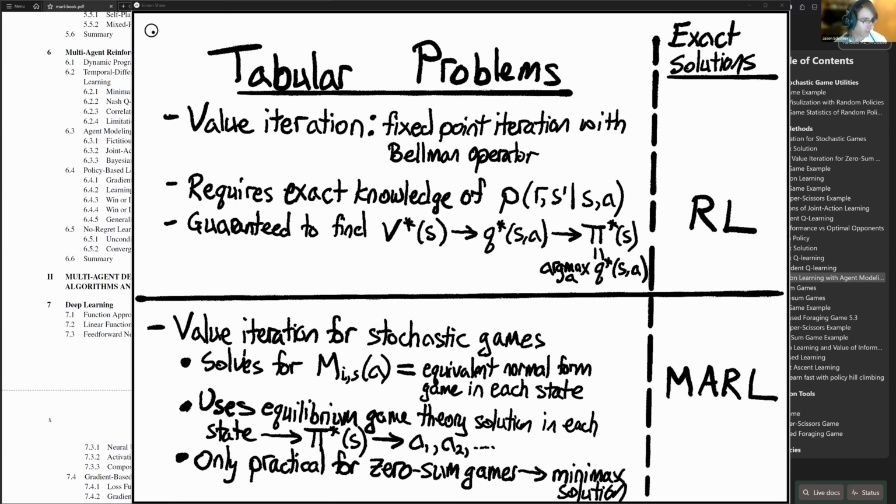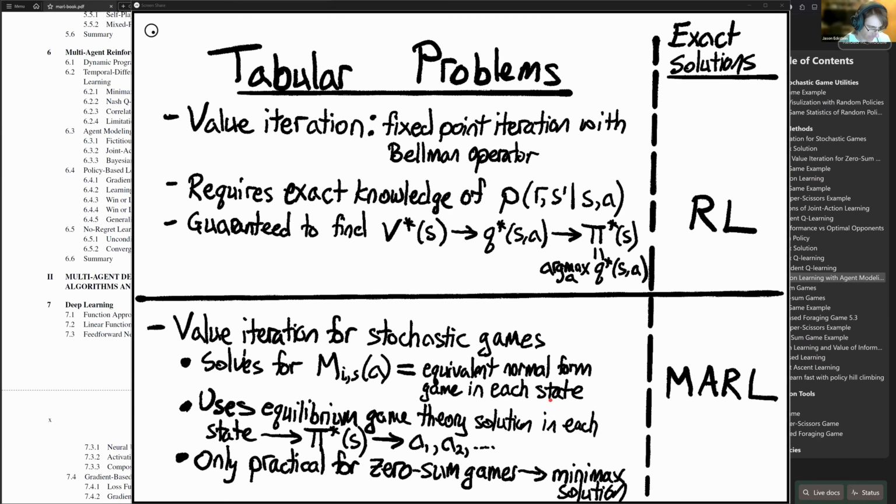So for these m things, the subscript i is for the agent i and s is for state s, and these are the joint action values. So for a 2-agent game, this would be a matrix in every state for every agent. And then these values are what we consider the normal form game that we look at for every state.